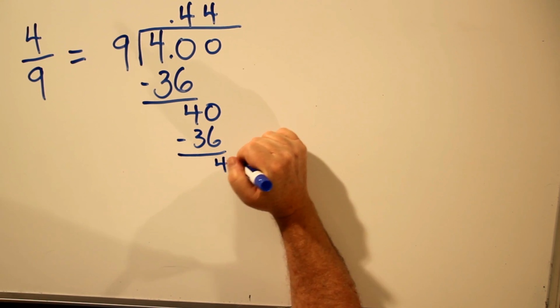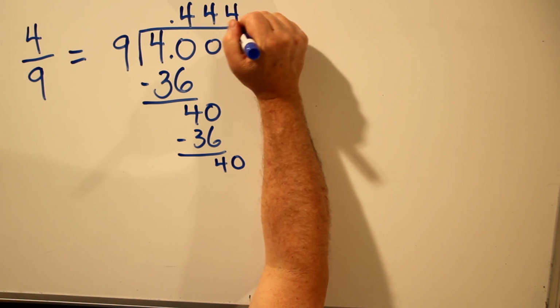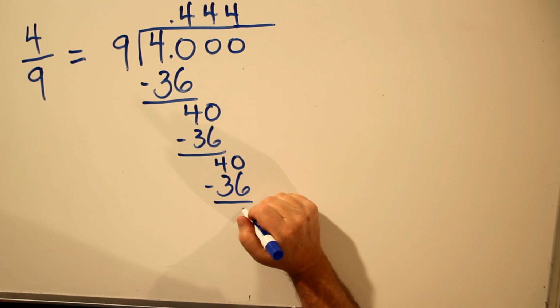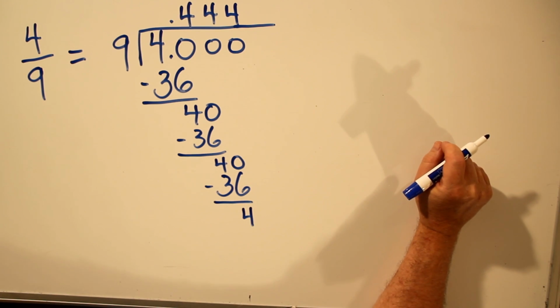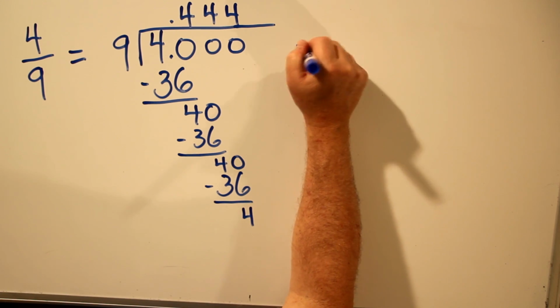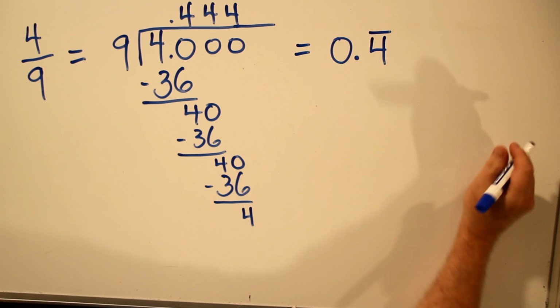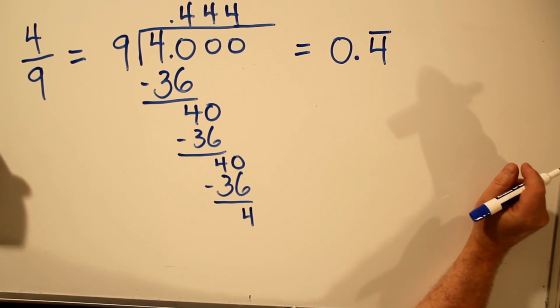Remainder 4. And that's what we started with. So we can soon see what the pattern is going to be as we continue to divide 9 into 40. It's going to be 0.444. In our repeating notation, it's 0.4 with a bar over the digit 4.